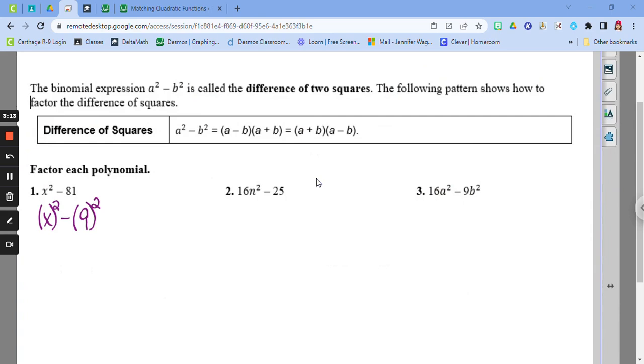It can be written as a difference of two squared values, because 81 is 9 squared. So that means the first factor is x minus 9 multiplied by its conjugate, x plus 9.